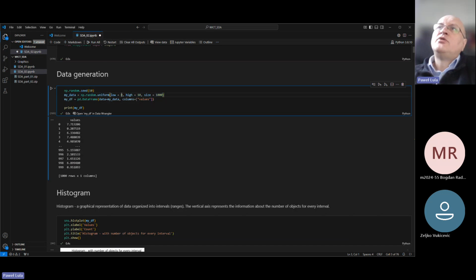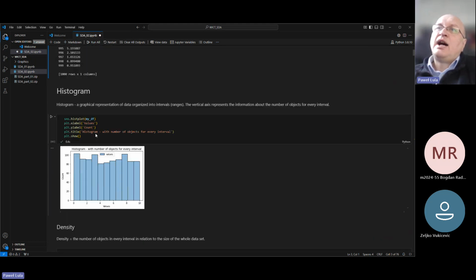Please look at these values. Here we see two parameters, low and high. These parameters are used for defining the smallest and the biggest value which can be generated. So all values which we have here as values of this random variable are from this range, from 0 to 10.